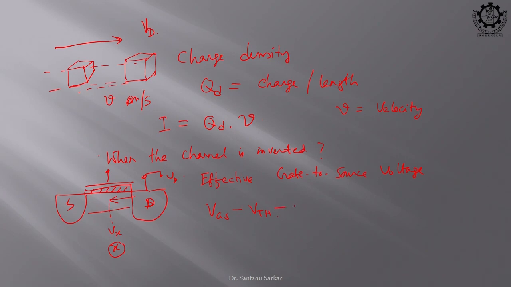So, the effective vertical field will be VGS minus VTH minus Vx at position x, that Vx is subtracting because of this drain potential.